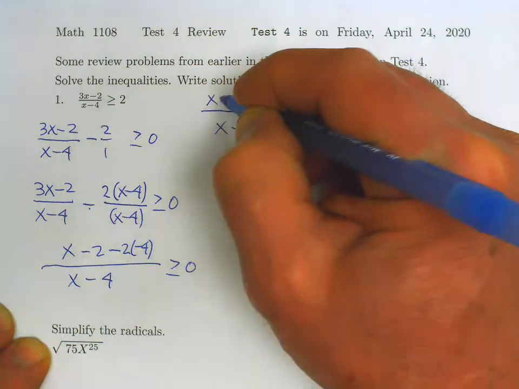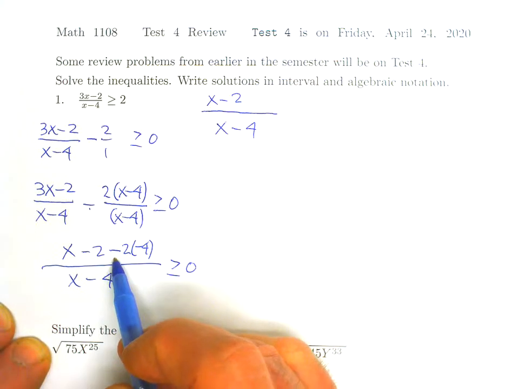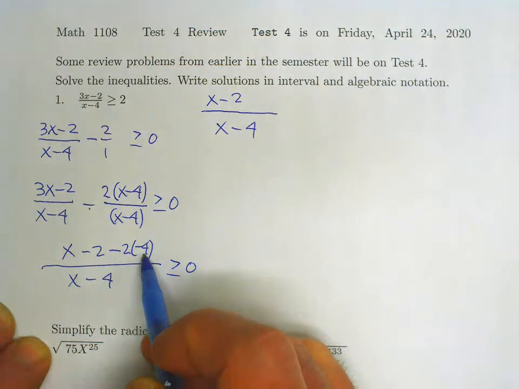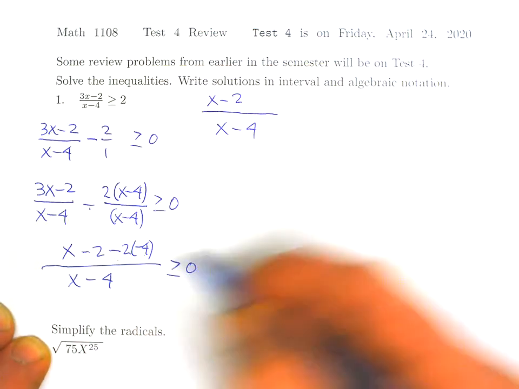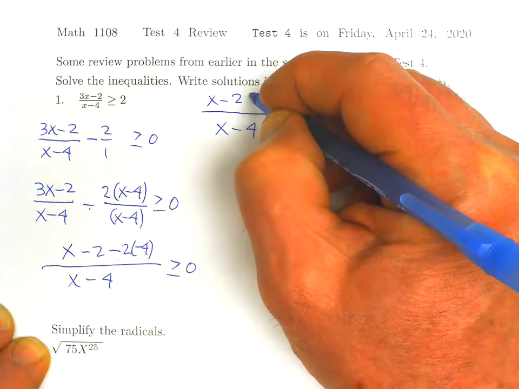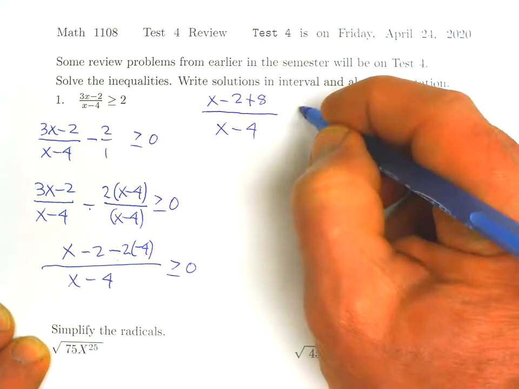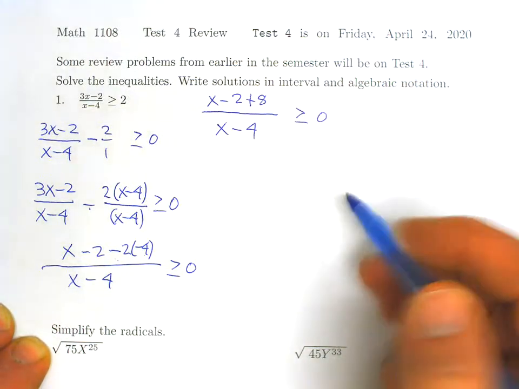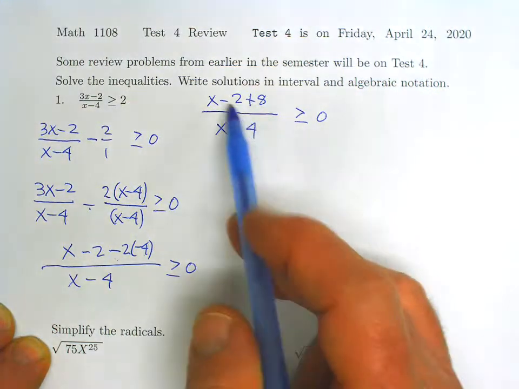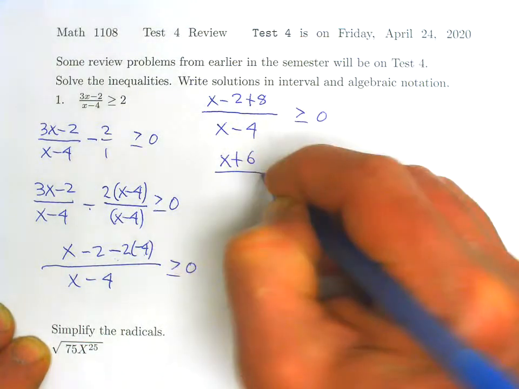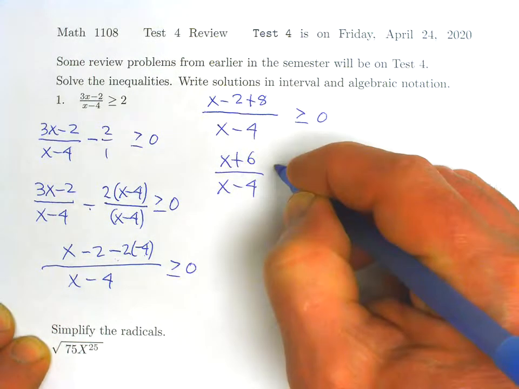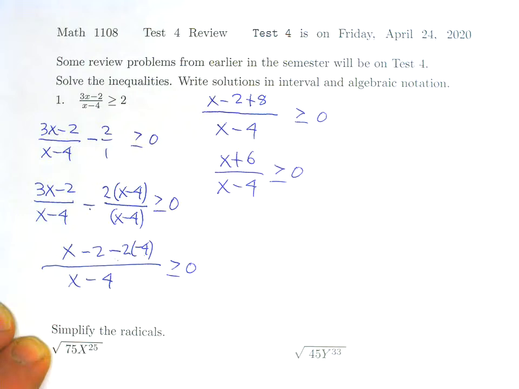So we have x minus 2, and we're subtracting 2 times negative 4. So we're subtracting negative 8, which is equivalent to adding 8. And then one more step in the numerator, x minus 2 plus 8 is x plus 6 over x minus 4 is greater than or equal to 0.